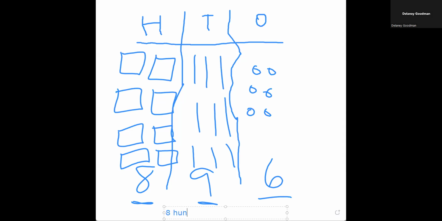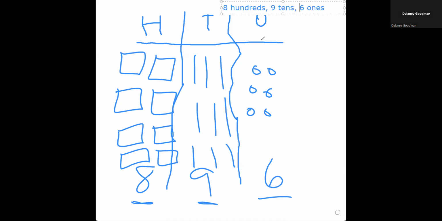We have 8 hundreds, comma, 9 tens, 6 ones. Now, the important thing to notice is that I did not put 8 hundreds, 9 tens, and 6 ones. Rather, I just put 8 hundreds, 9 tens, 6 ones. This is called the base 10 language.